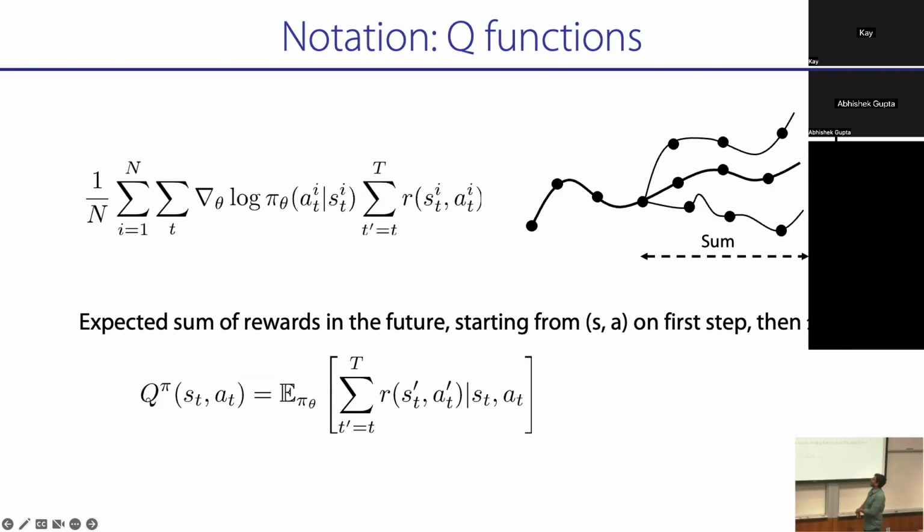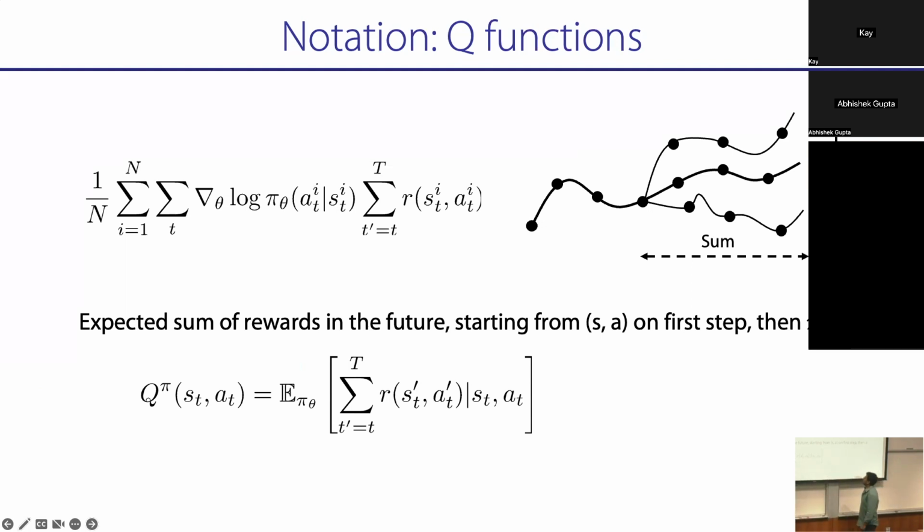We'll introduce this notation of Q functions. What I mean by a Q function is an estimate of this return to go. We're going to denote the Q function Q^π(s_t, a_t) as the expected sum of rewards in the future if you're at s_t, you took a_t for the first step, and then you follow the policy π thereafter.